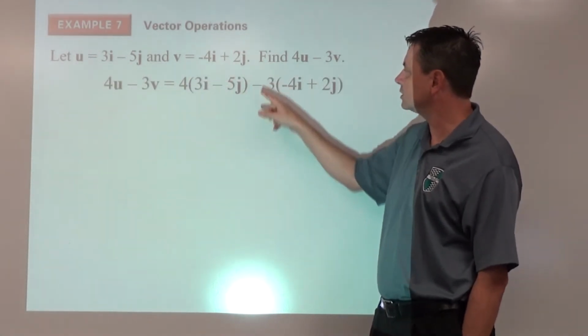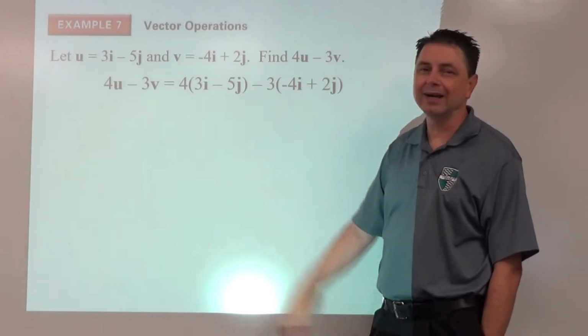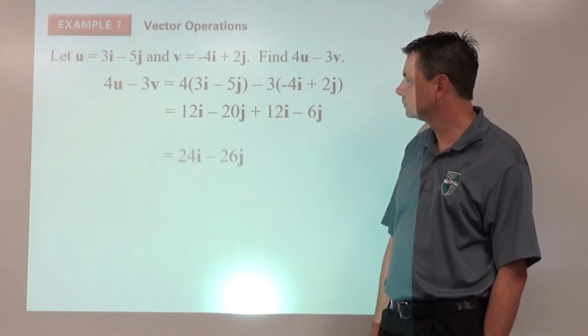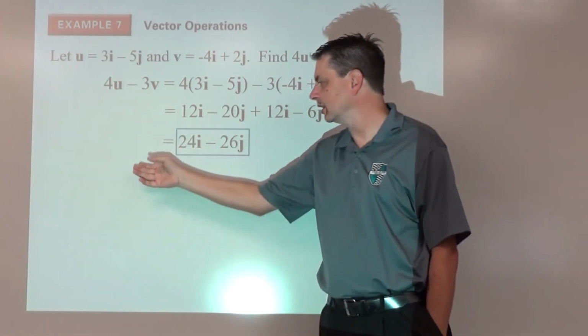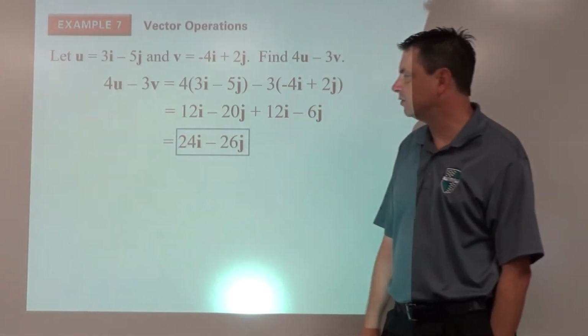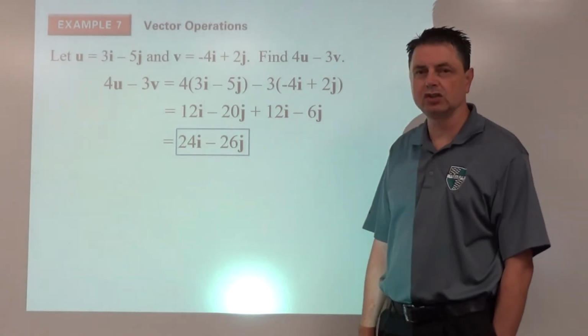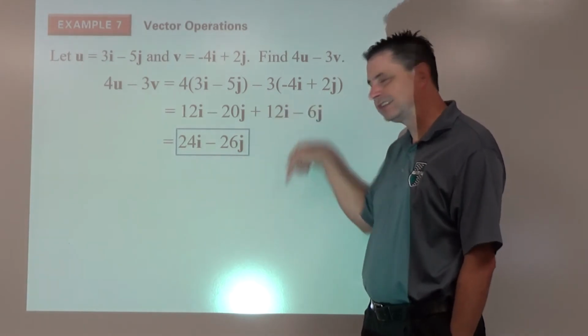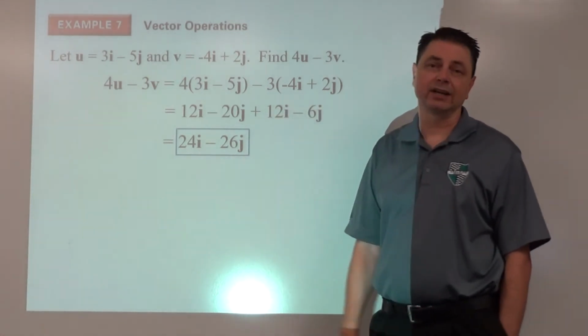So distribute, distribute, combine like terms. And there's our final answer, vector 24i minus 26j. In other words, 24 to the right, 26 down. That's the vector that we're describing.